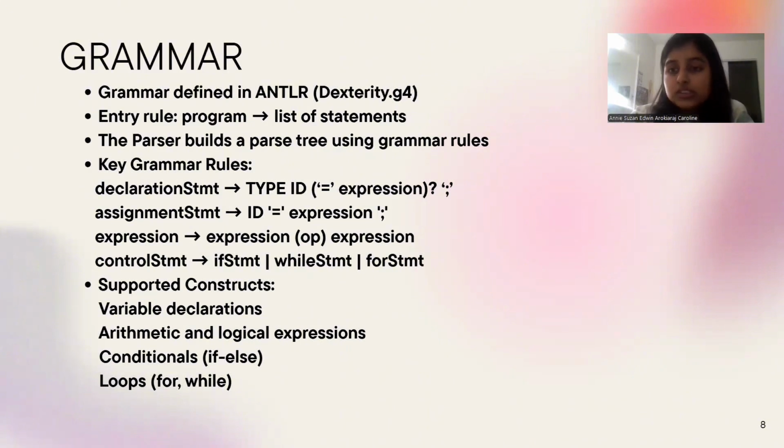These rules let us support variable declarations, expressions, loops, and conditionals in a structured way. The grammar is the backbone of our parser and drives the generation of our abstract syntax tree.